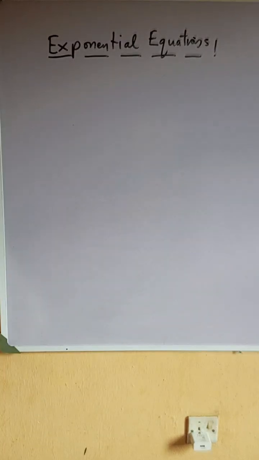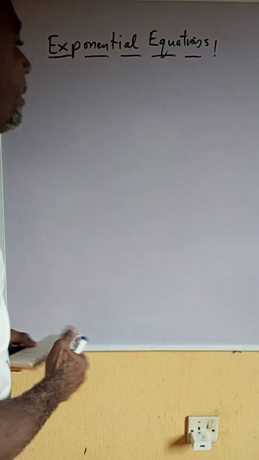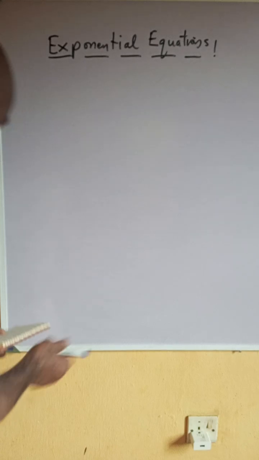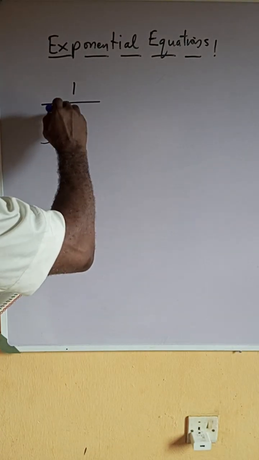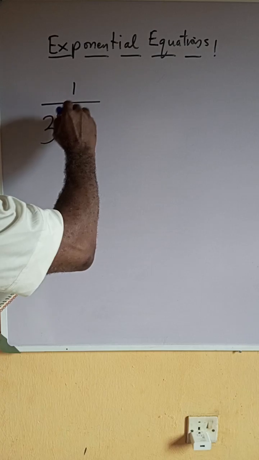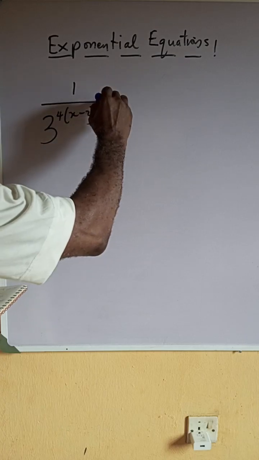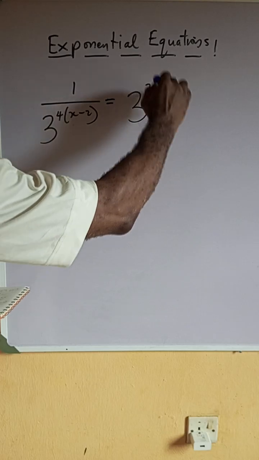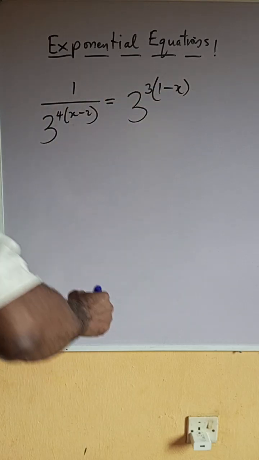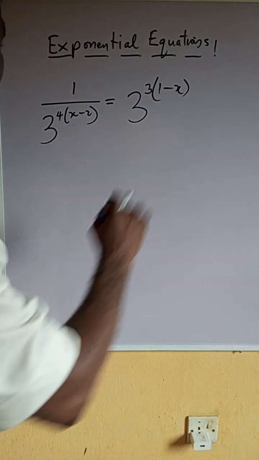Now, let's look at the last one. 1 all over 3 raised to the power 4 into x minus 2 is equal to 3 raised to the power 3 into 1 minus x. Very simple.